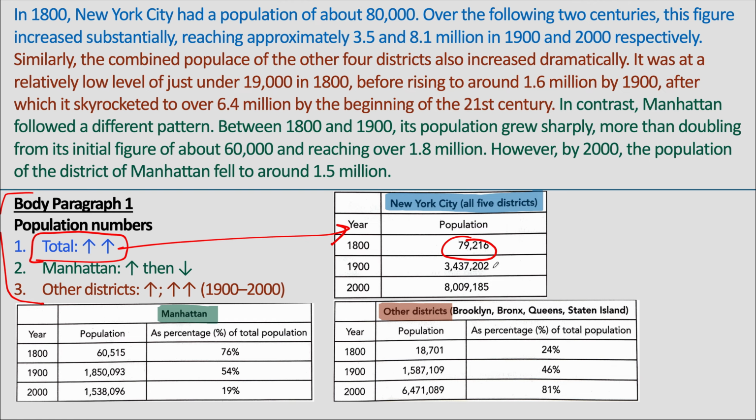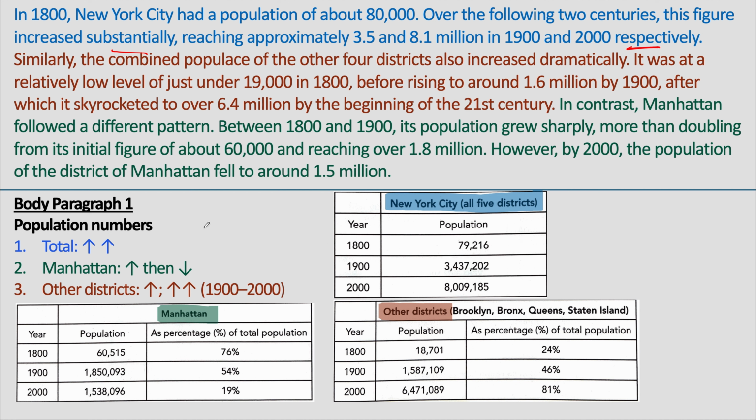In the next sentence, we mention that it increased a lot or increased substantially over the next 2 centuries. So we don't just write that the New York population in 1800 was this much, in 1900 was this much, and in 2000 was this much. We write the first one, we mention there's an increase, and we have used the word respectively.